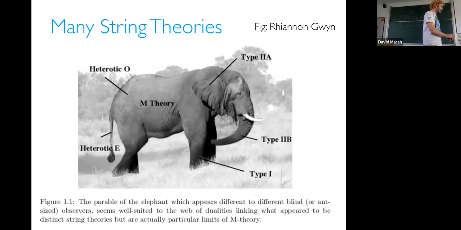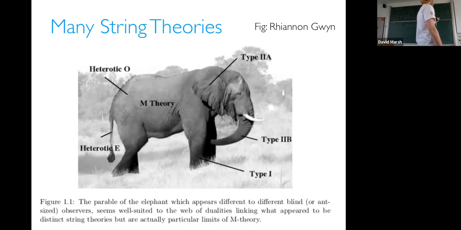The other guy is feeling the nose, and he goes, no man, it's a snake, we need to run away. The other guy is feeling the tail, and he's like, I think it's a horse. So they're all very confused because none of them can see the bigger picture that it's actually an elephant. And so how can we get anything general from this about getting axions in 4 dimensions?